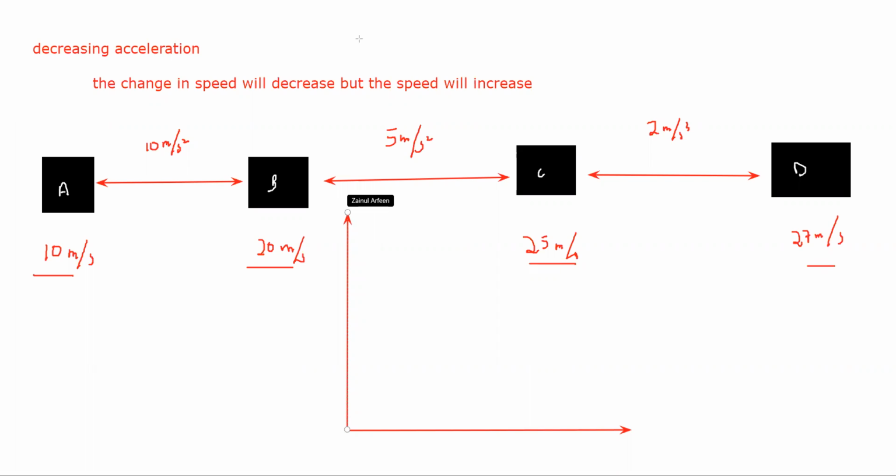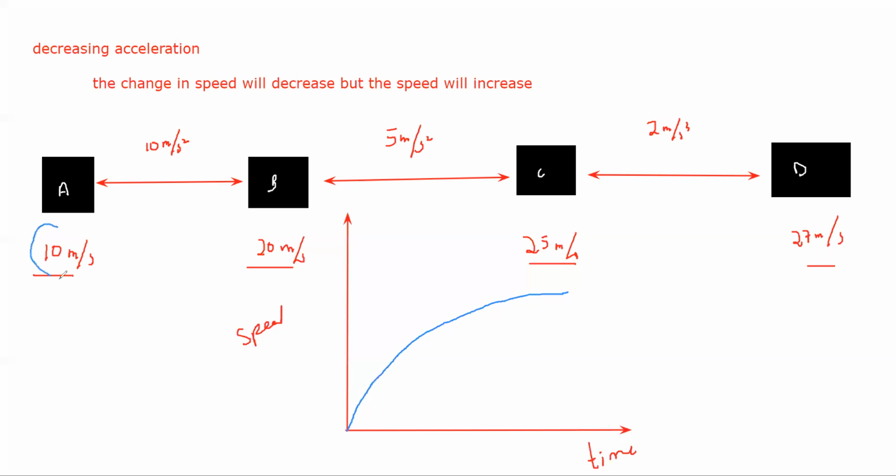So if you have a speed time graph for an object with this type of motion, the speed is increasing, but acceleration is decreasing. How is speed increasing?